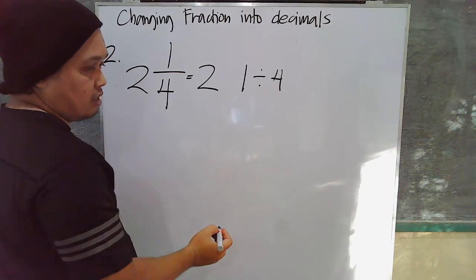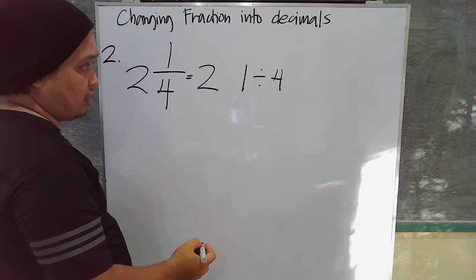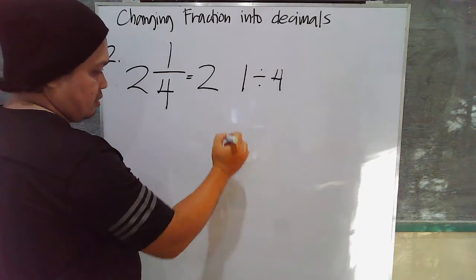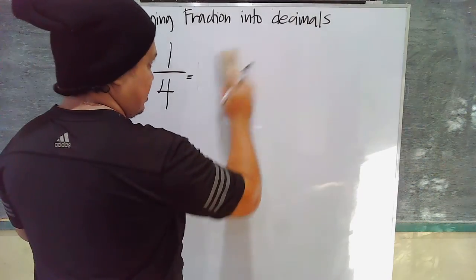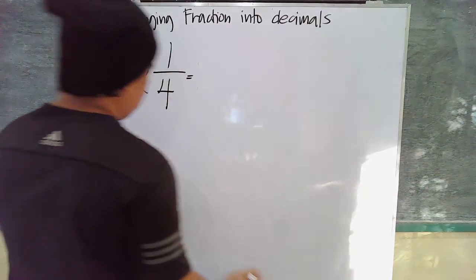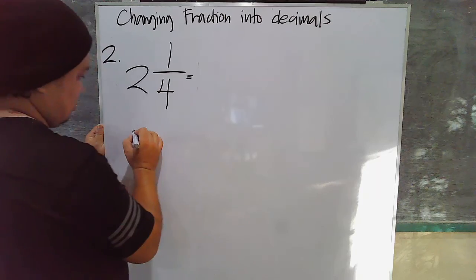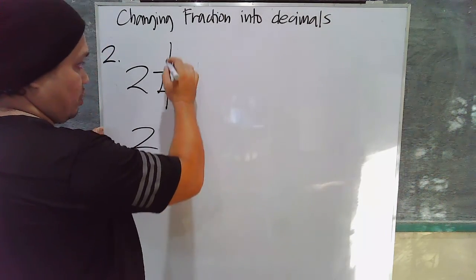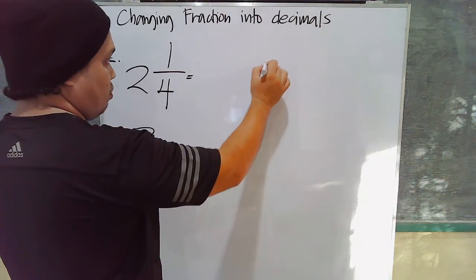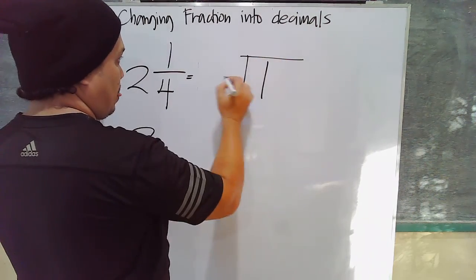Okay, so that would be your first process. If you divide this, let's just set aside first 2. Okay, 2 here. Let's divide first 1 and 1 over 4. So 1 divided by 4.